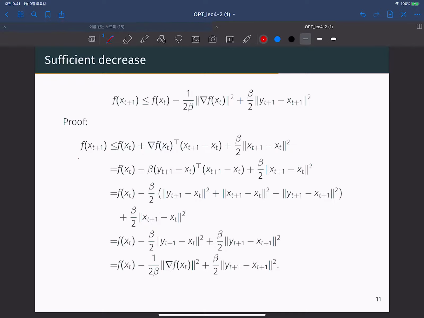So first part, from the beta smooth property, we have this inequality: f(x_{t+1}) is less than or equal to f(x_t) plus the gradient of f(x_t) transpose times (x_{t+1} minus x_t) plus beta over 2 times the norm of x_{t+1} minus x_t squared. This comes from beta smoothness.